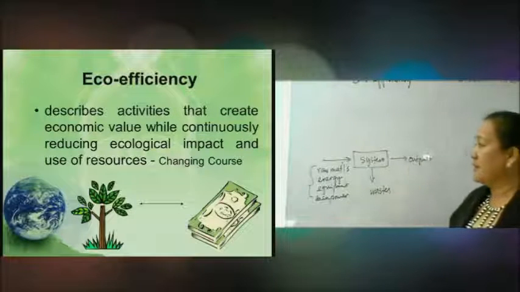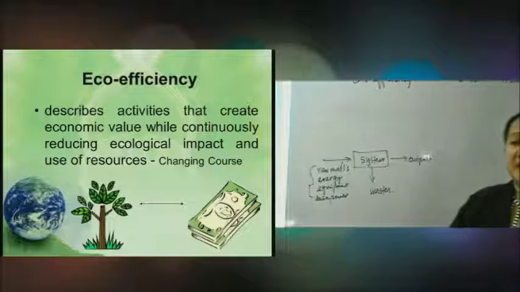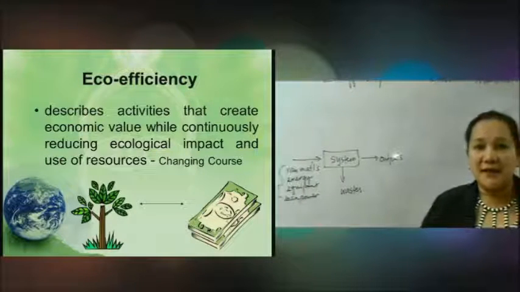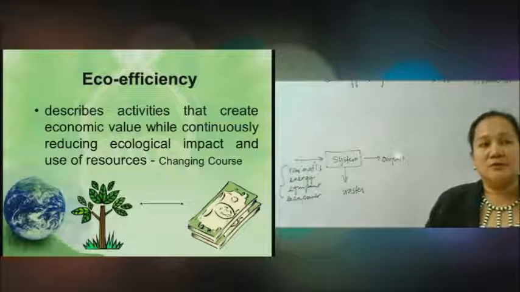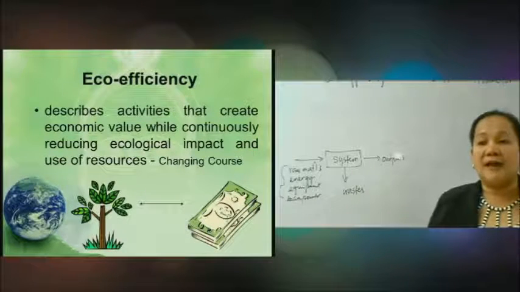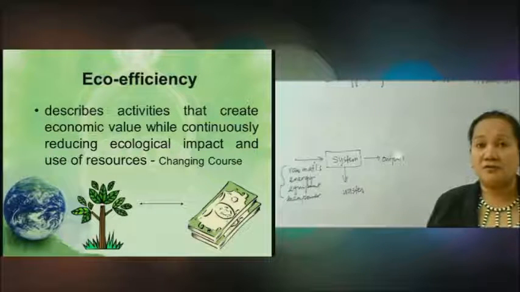So in the same manner, if you would be doing something about your equipment, the objective is to minimize the buying of equipment and basically prolong the life of the equipment. So that would mean lesser cost.